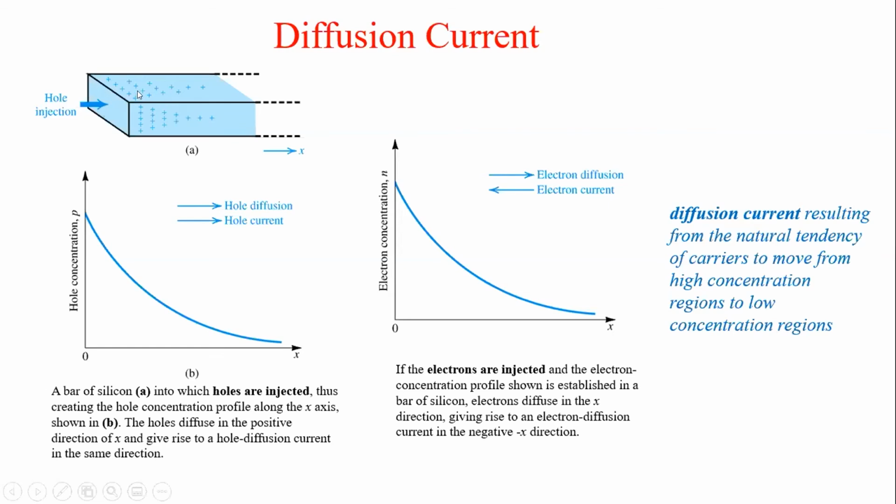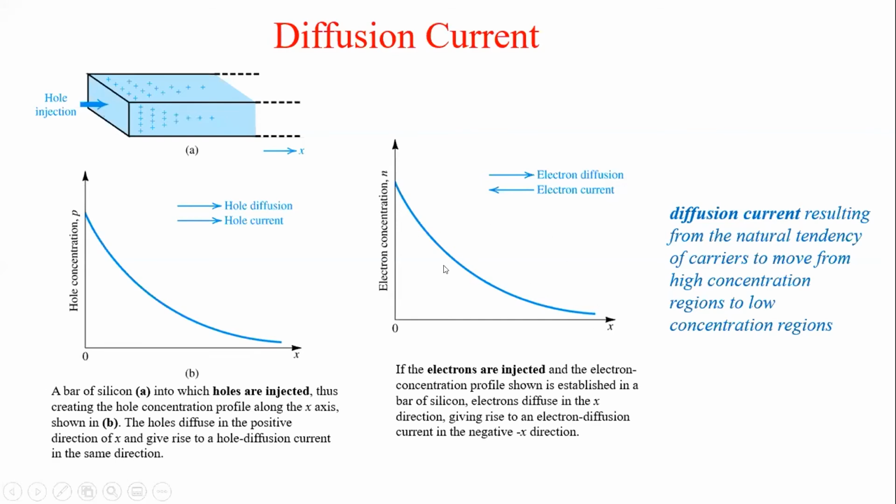So in the way it is doped, at one end of the semiconductor it is hole rich, and as you move on, it is slightly lower. If I draw a graph for this, let me take this as the x-axis. At zero, at the end, there are more holes, and as it moves on, the hole concentration decreases. Similarly, if I dope with electrons, you can see the electron concentration is rich at one end of the semiconductor, and slowly as I move on, the electrons are fewer.